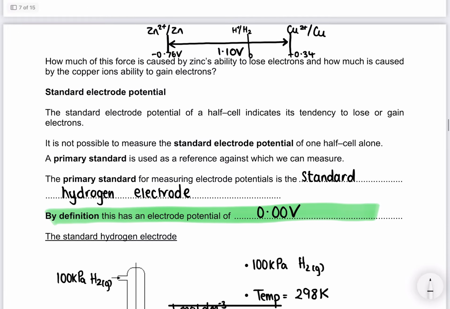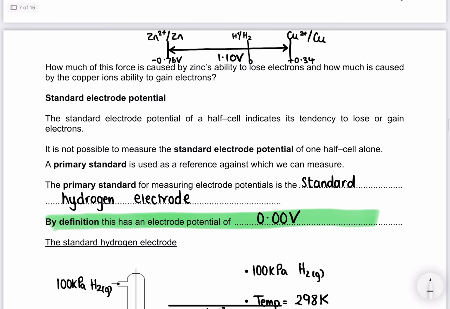So with this copper zinc, we would have put hydrogen on the left and we would have put copper on the right, and copper is more positive, so it became the positive electrode, and the voltmeter read plus 0.34.